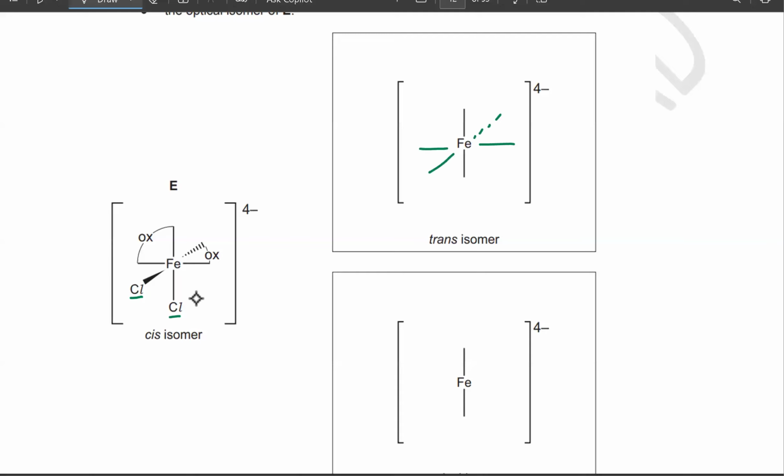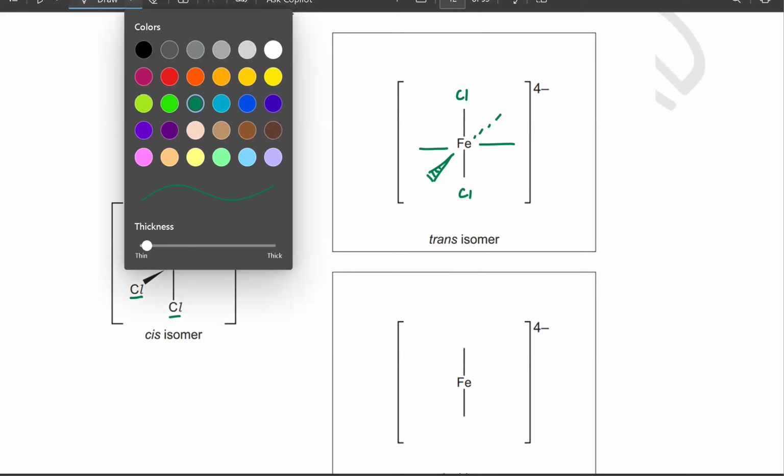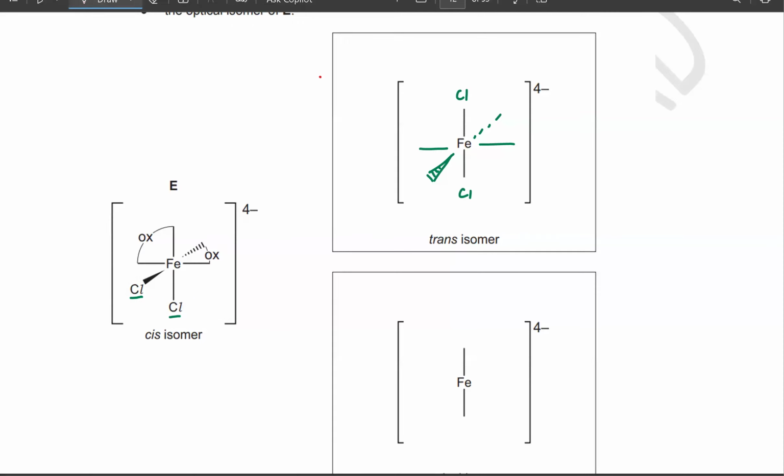So dotted, and there's one on the z-axis. In the other one, the Cls will be on opposite sides, and the ox, the bidentate ligand, is going to be over here and over here. Is that clear?